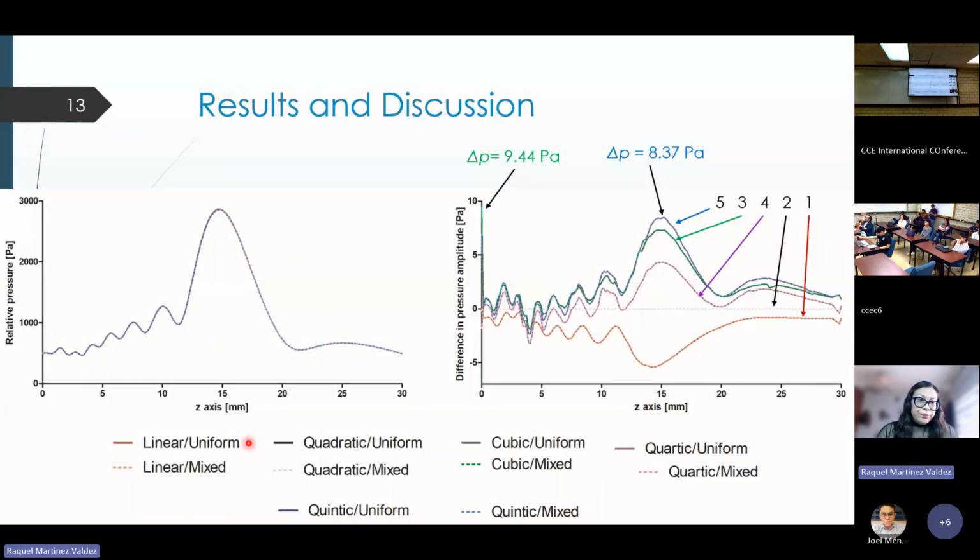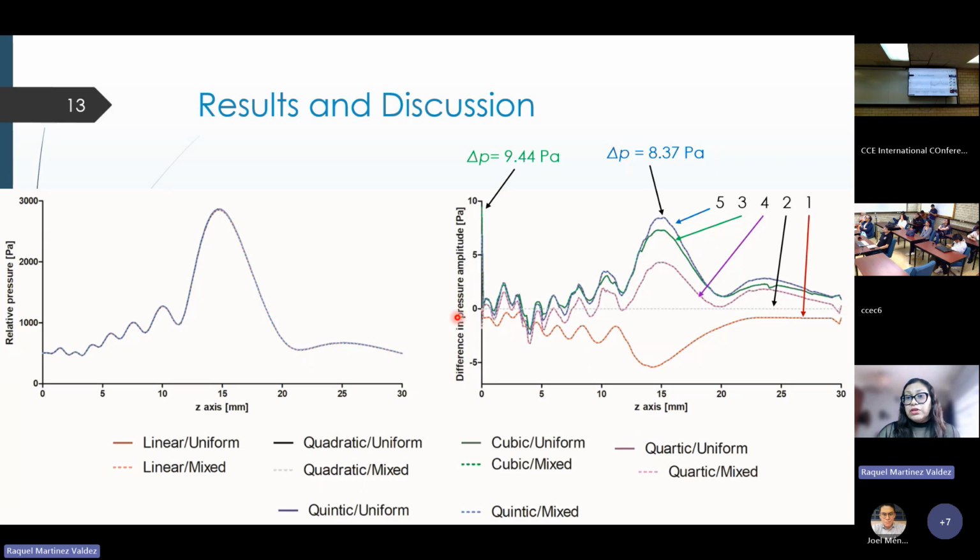Here we see the pressure distribution along the z-axis, and there is no visible difference between one solution or another. The 10 solutions are overlapped.